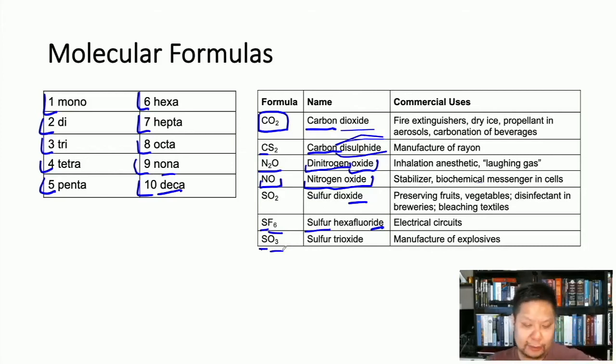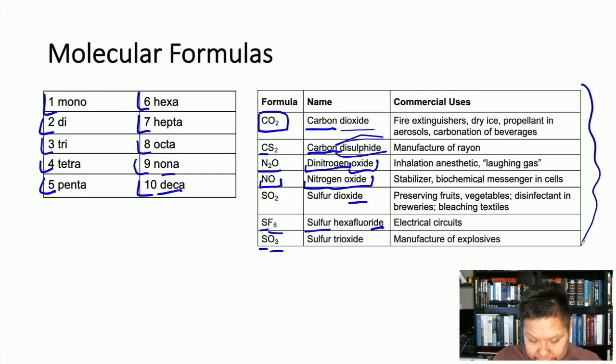So the nonmetals or the molecular formulas are much more simple to name. They'll get a little more complicated later on when we talk about organic formulas and compounds, but for now, that's all you really need to know. And then these are just common commercial uses for each one of these compounds. You can look at those later. Just trying to bring in a little bit of realism to the class.